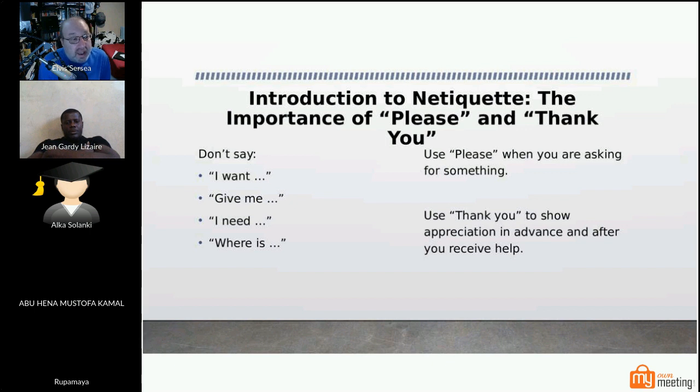Netiquette is the way you behave online. And in person, you've probably seen some of those dialogues, formal and informal, right? We had at the beginning of class some dialogues, some with formal conversation and informal conversation. Informal conversation is when you talk to family and friends, and you can be very direct with them.